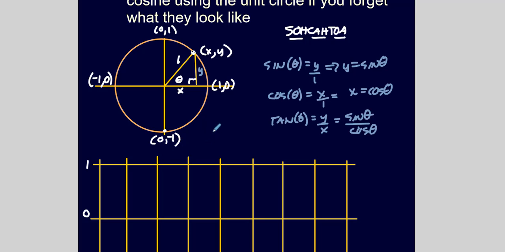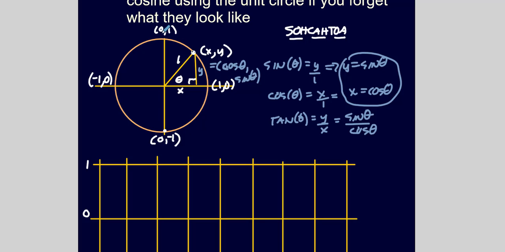So notice that from this here, x is also equal to cosine theta, and y is equal to sine theta. That means that at 0 radians, 0 degrees, cosine is 1, sine is 0.